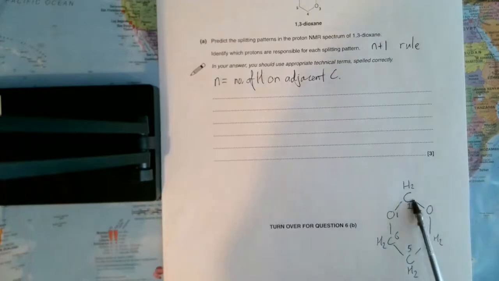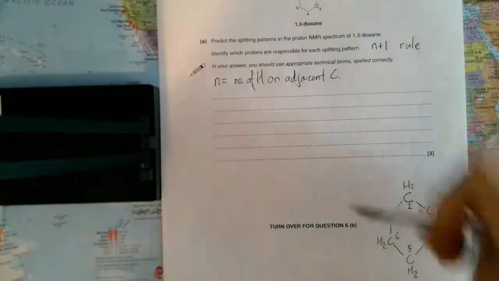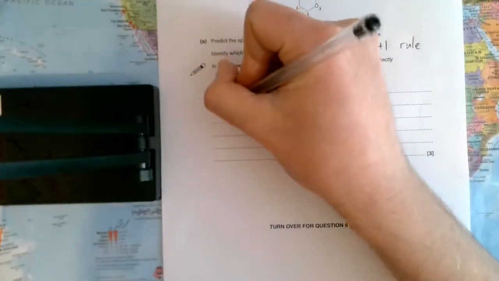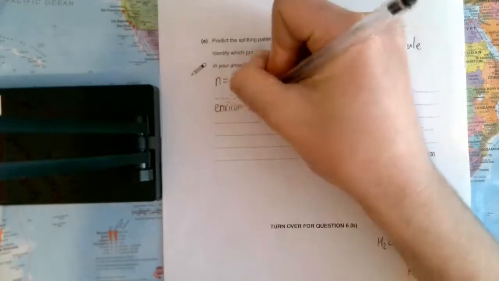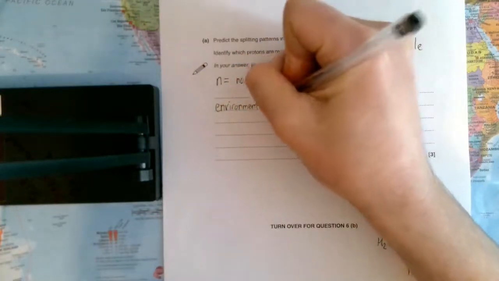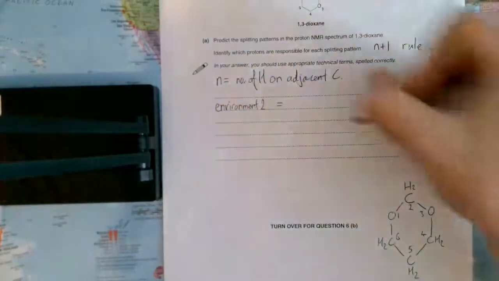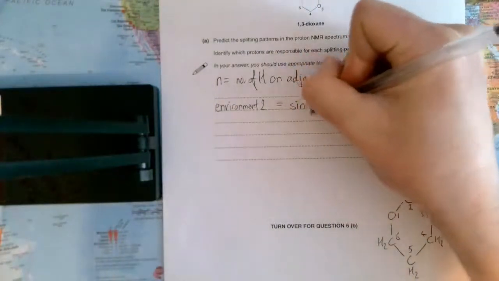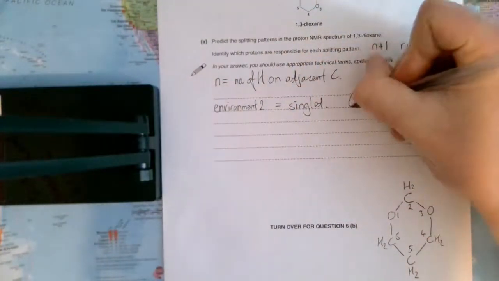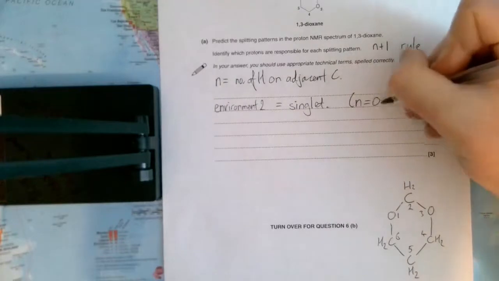So if we start with environment 2, there are no adjacent carbons, so therefore there are no hydrogens on them. So for environment 2, that's simply going to be a singlet, because n equals 0.